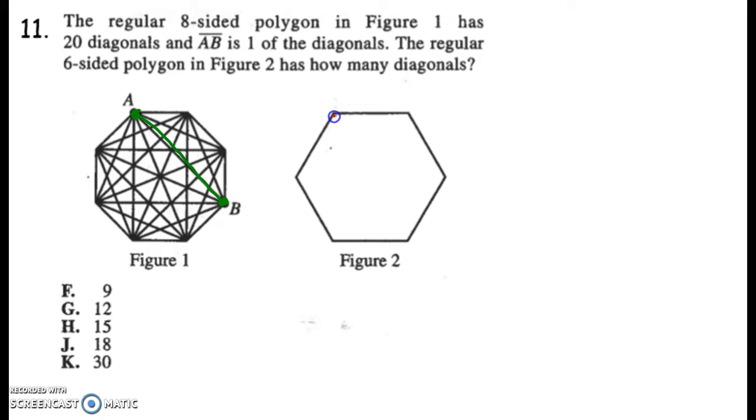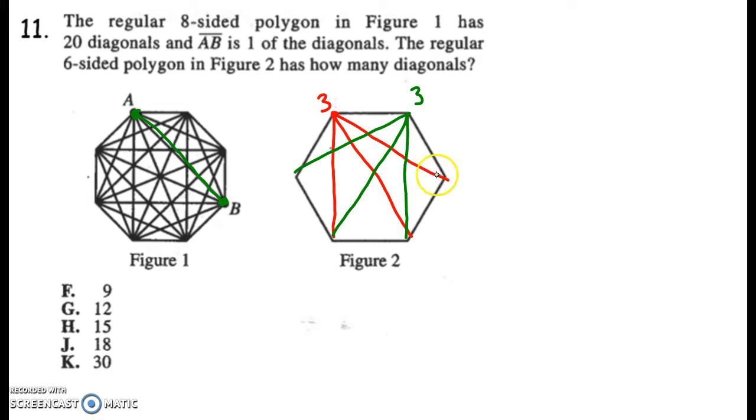So if I start with this point here, I can create a total of 1, 2, 3 diagonals. From this point, I can create a total of 1, 2, 3 more diagonals. From this point, I already have one of them drawn in, so I just can create 1, 2 more.